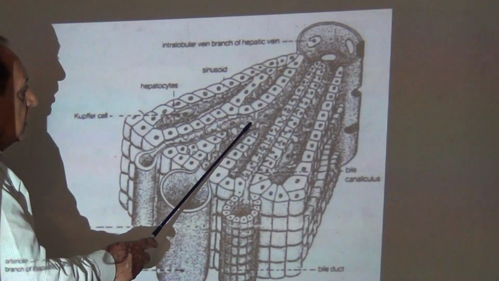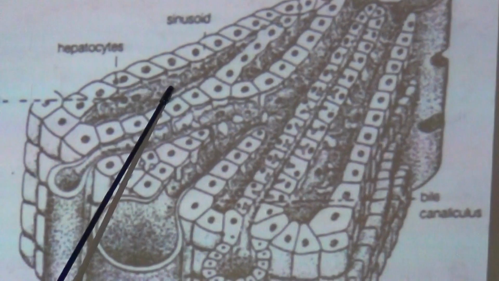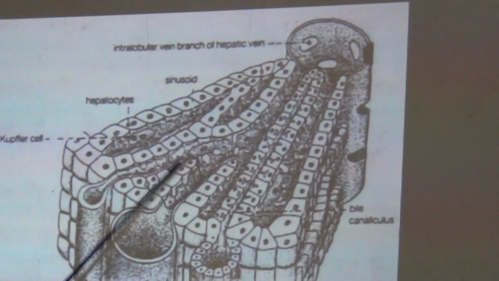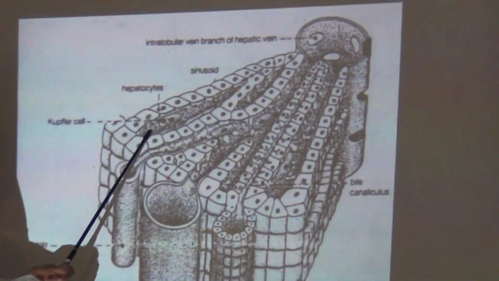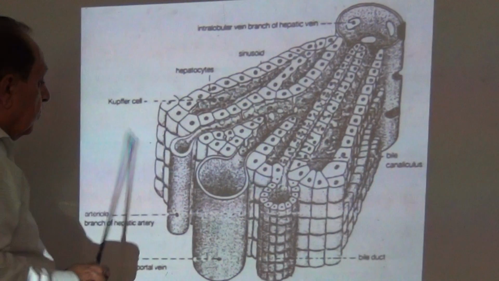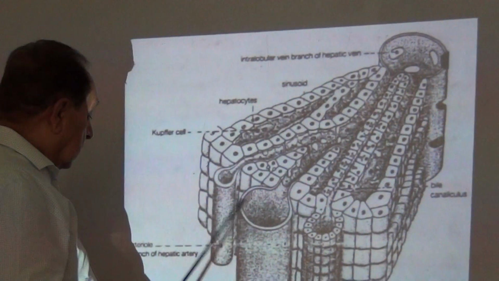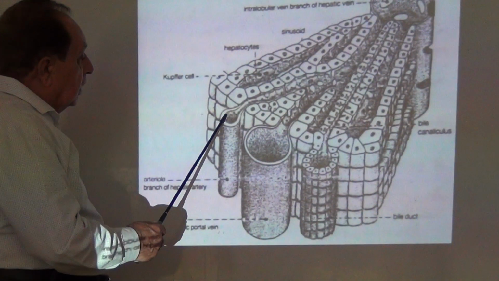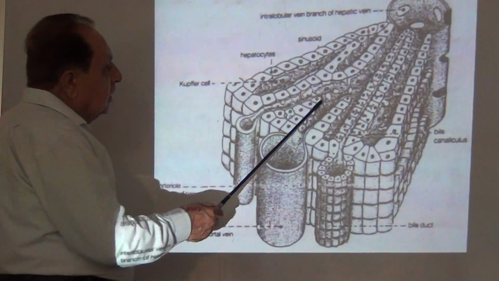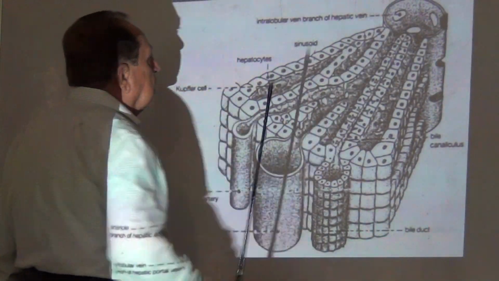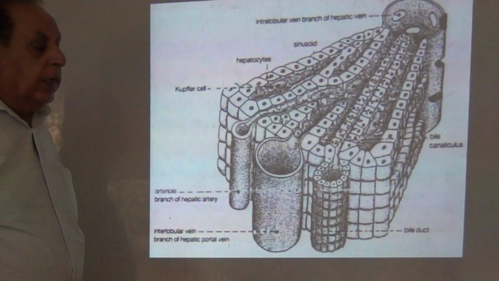These sinusoids between the plates contain blood, and the blood from the portal vein and hepatic artery passes toward the central region through these sinuses and enters into the central vein.